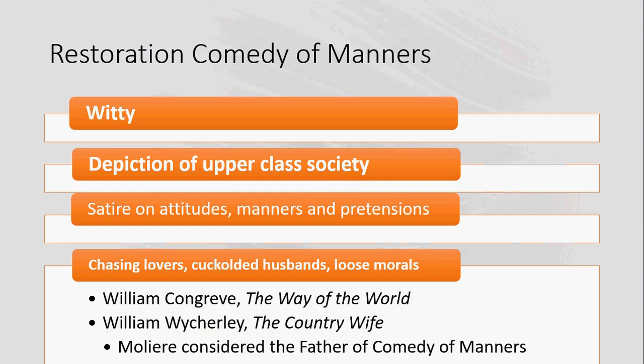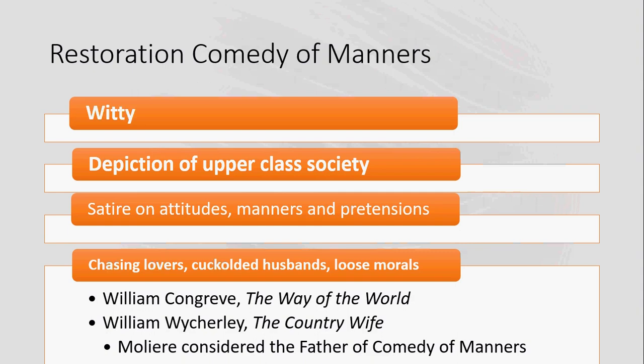Most of these plays presented loose morals because of the social influence on people at that time. This was the Restoration of Charles II. From his exile in France, he had brought several mannerisms that are seen reflected in the comedy of manners. The two major writers of comedy of manners during the Restoration period are William Congreve and William Wycherley.